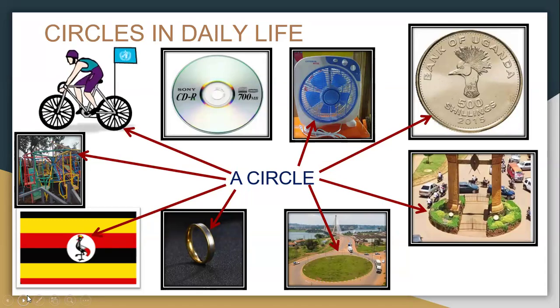Many of you, when you are riding a bicycle, you can notice that there is an element of a circle. When you look at the CDs, the fan, the coins, the designs of the roundabouts, rings, our national flag, circles can manifest themselves in different ways in our daily lives.